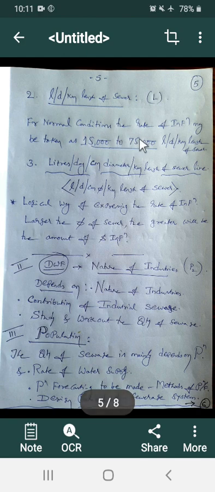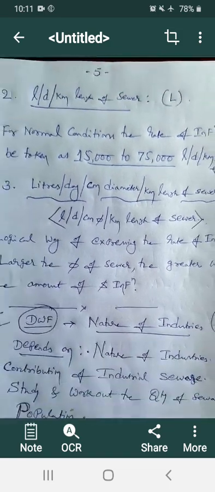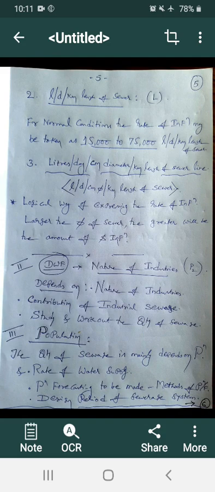For normal condition, the rate of infiltration may be taken as 15,000 to 75,000 liters per day per kilometer length of the sewer line. Simply, we consider how much is required, 15,000 to 75,000, as the rate of water which may enter inside.